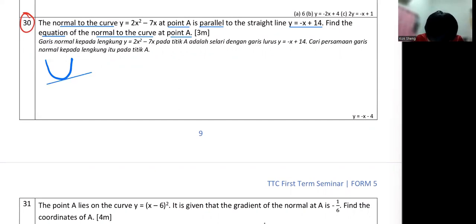This is the point, and you still have the tangent here. The normal passes through the same point, over here in the red color, and it is 90 degrees to the tangent. So this is where the normal is.